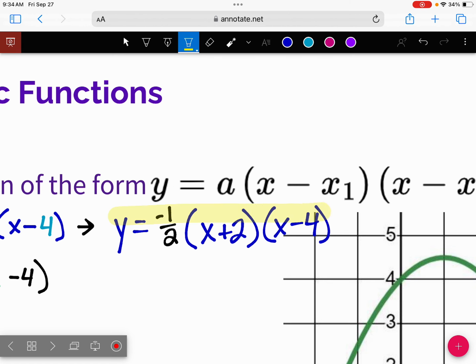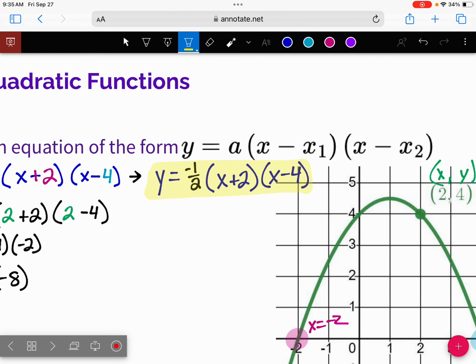So it doesn't matter which form it is, we can still substitute in values to find those a's. We can still do that and substitute it in. Okay? Questions on that one?